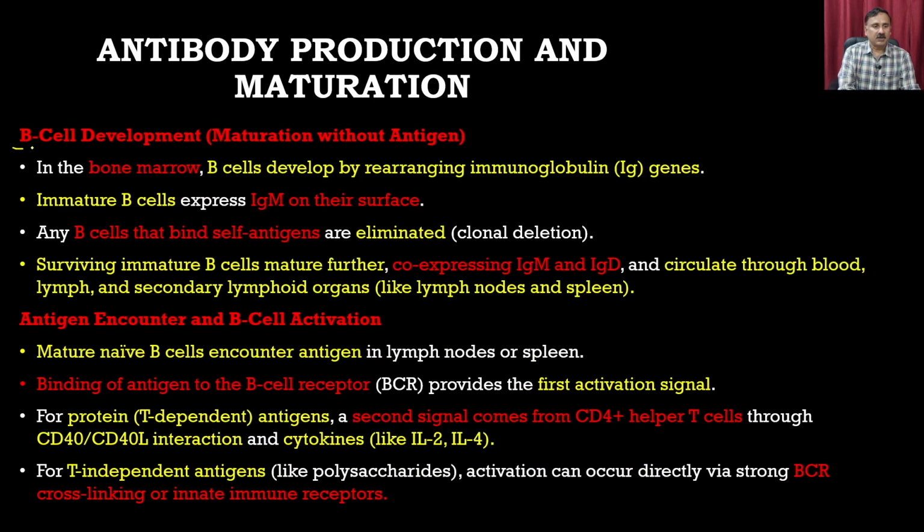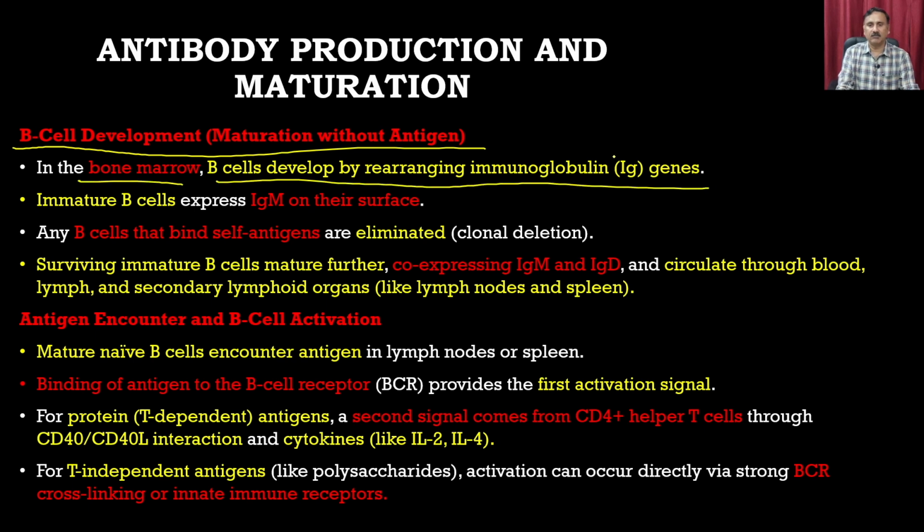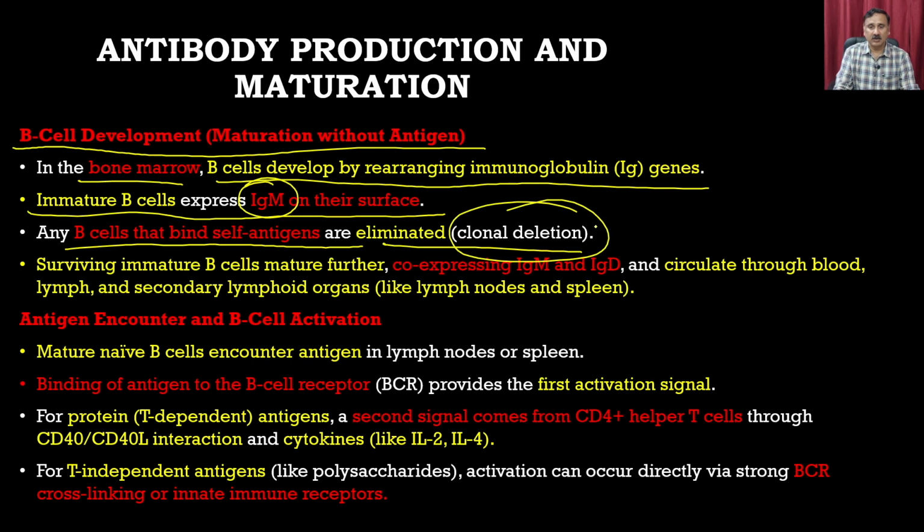Then talking about B cell development, the maturation, right? In the bone marrow, the B cell develops by rearranging immunoglobulin genes like VDJ. An immature B cell expresses IgM on its surface, right? IgM is a kind of antibody. Any B cell that binds self antigens is eliminated, which is called clonal deletion.